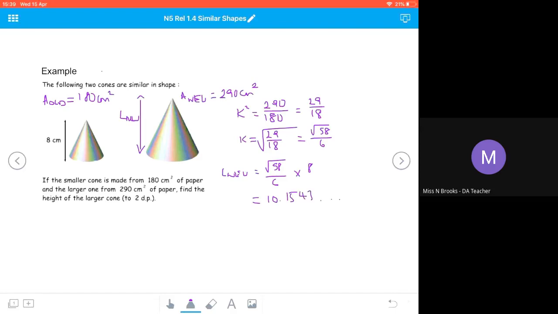Now the question says round to 2 decimal places. So again, our answer needs to have at least 3 decimal places. And so we're going to have 10.15, and the 4 says that we're going to leave the 5 as a 5, and then we're going to write our units, which are centimeters, and then to 2 decimal places.